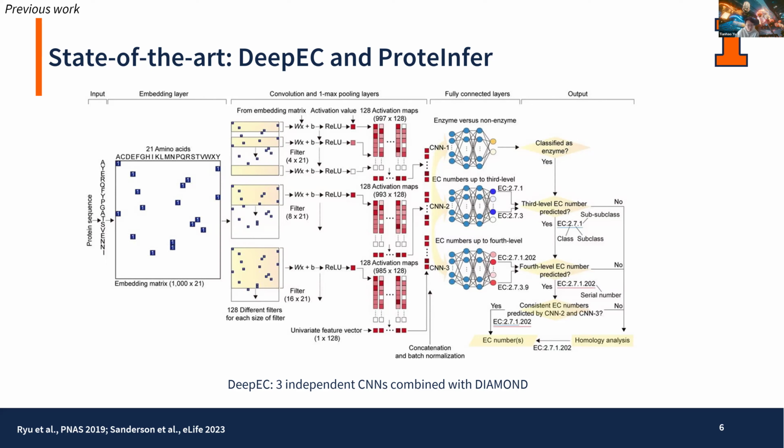If all of those results align, meaning they don't contradict each other, then they just use the CNN result as the output. If not, or if any of the CNNs cannot give a prediction, they turn to homolog analysis, using Diamond to do a homolog search, and then use the bioinformatic tools to give the EC number.